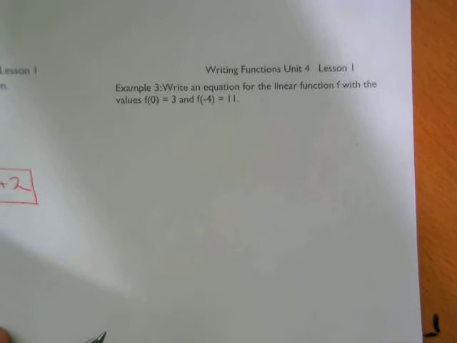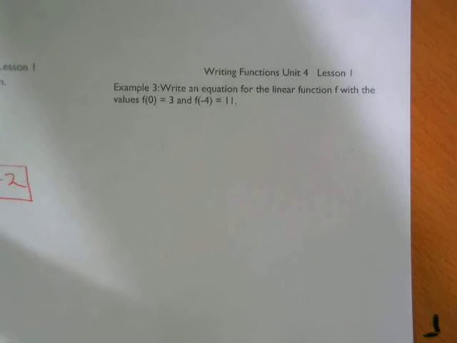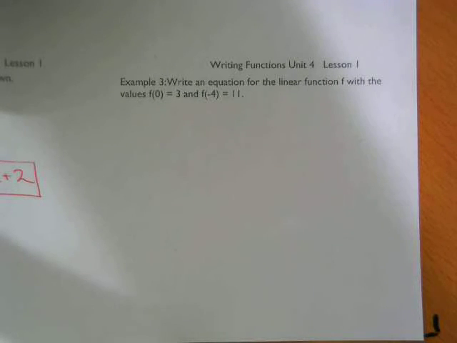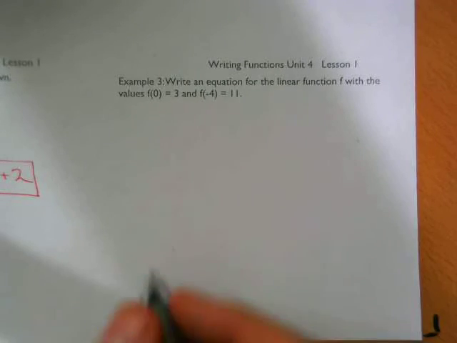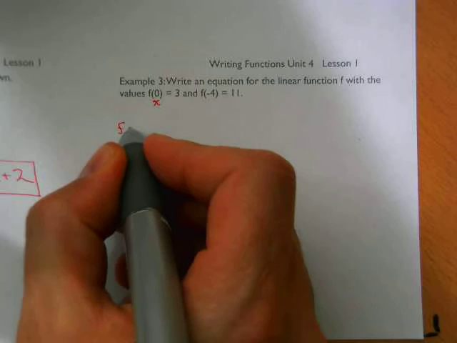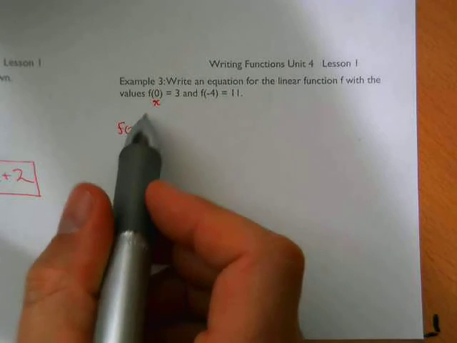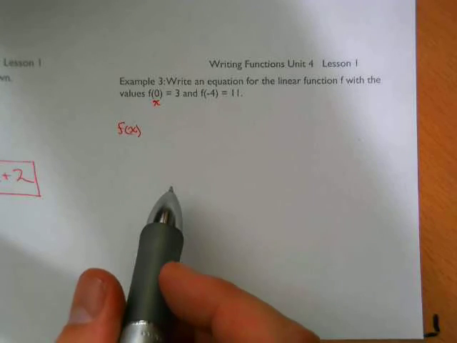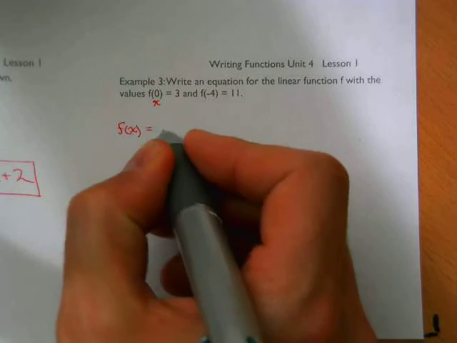All right, example 3. It says write an equation for the linear function f with the values f of 0 equals 3 and f of negative 4 equals 11. Well, in chapter 3 we learned a little bit about function notation. We understood that, remember, f of x looked like this, and basically whatever was inside here for x was what x equaled. And f of x essentially equals y.